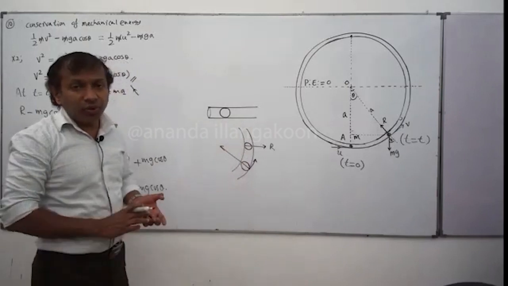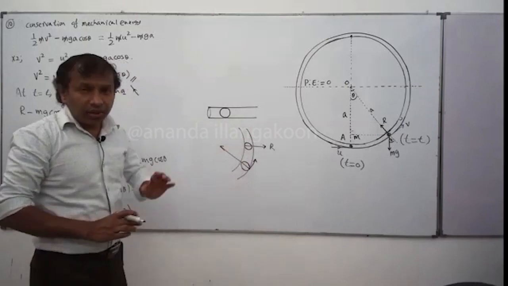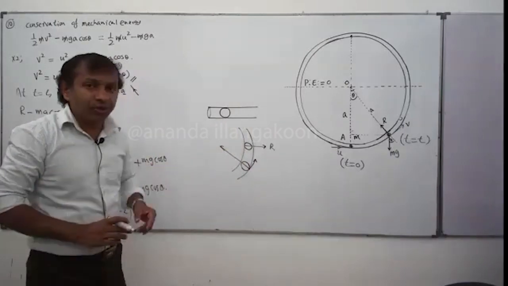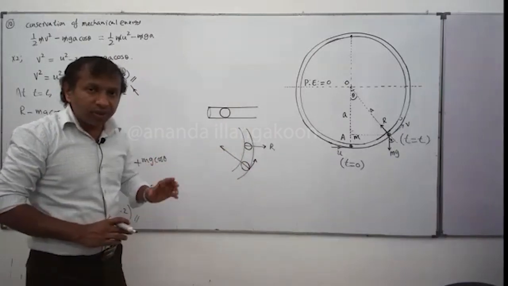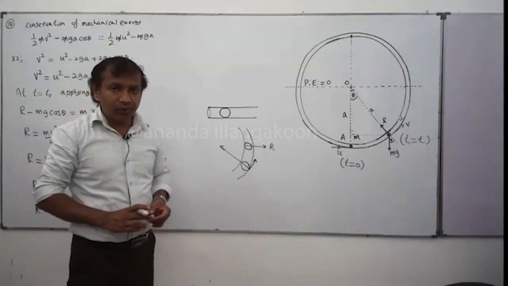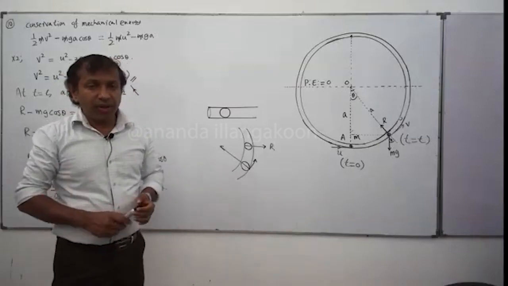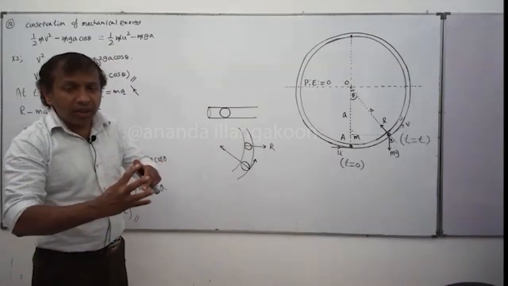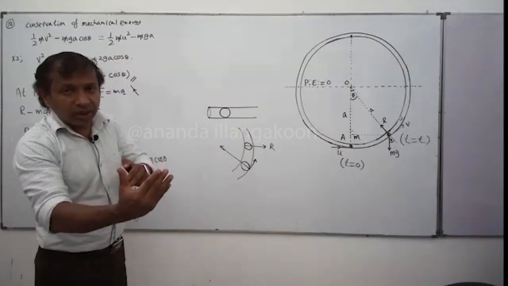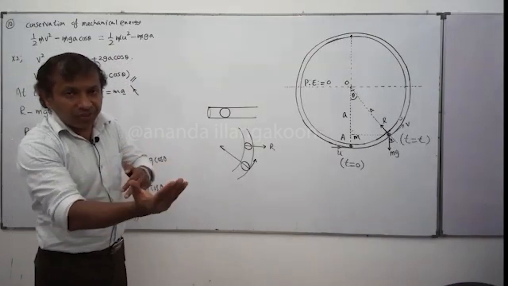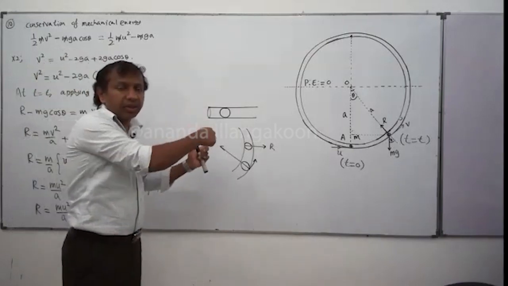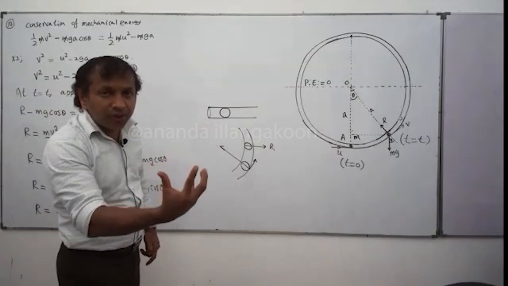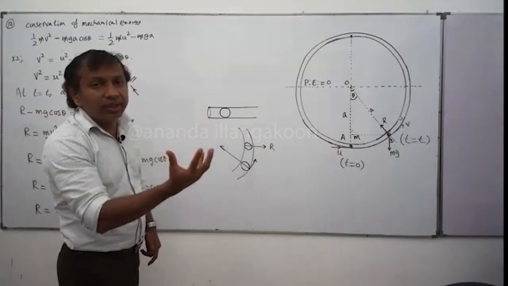Therefore, the moment the particle gets the direction of reaction opposite is the moment R becomes 0. When the normal reaction becomes 0, that is the moment the particle loses contact with the outer surface and makes contact with the inner surface. R becomes 0 means the particle tries to go away from the contact surface.